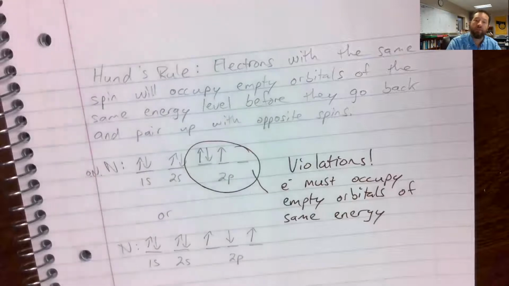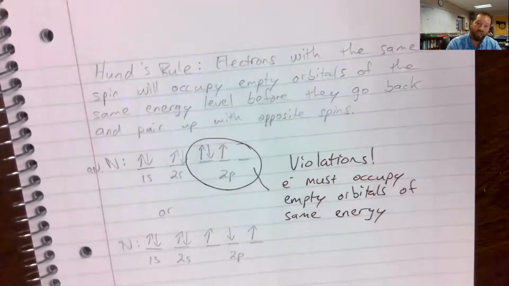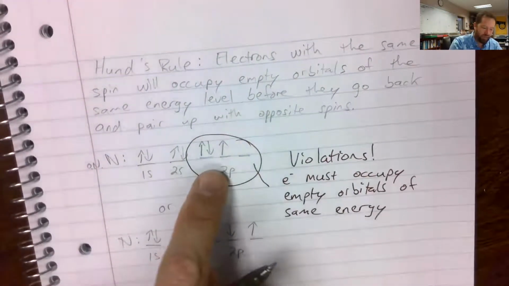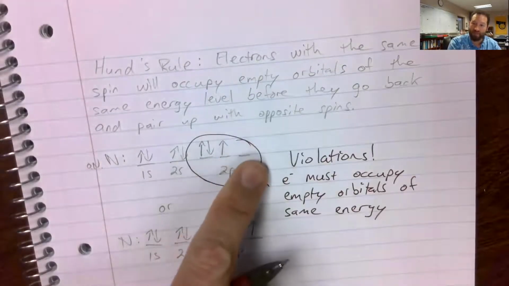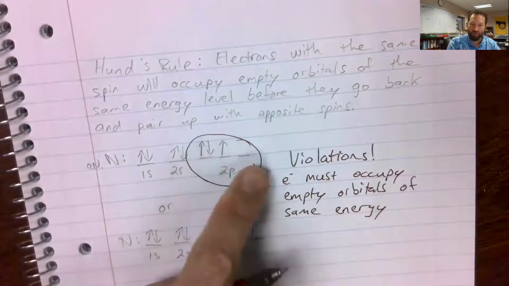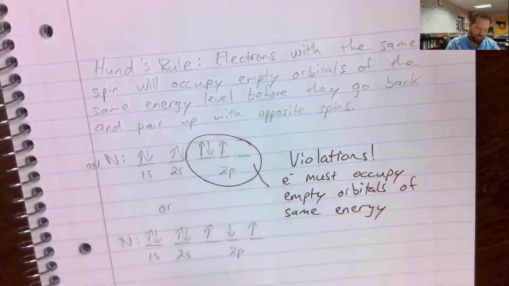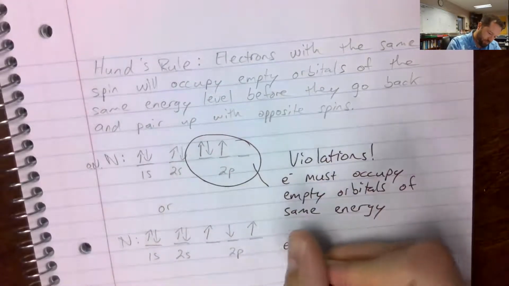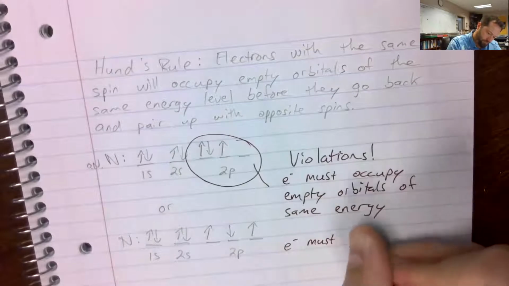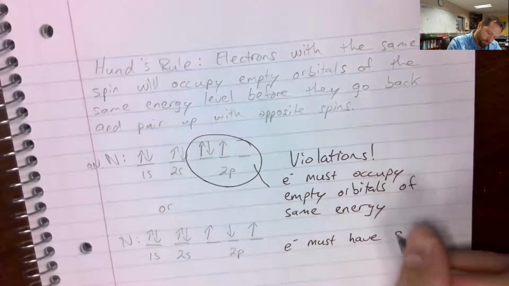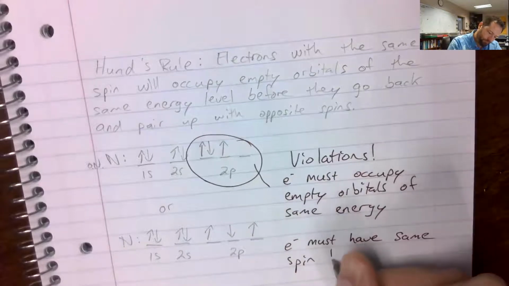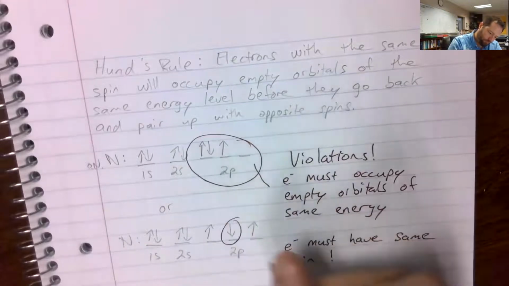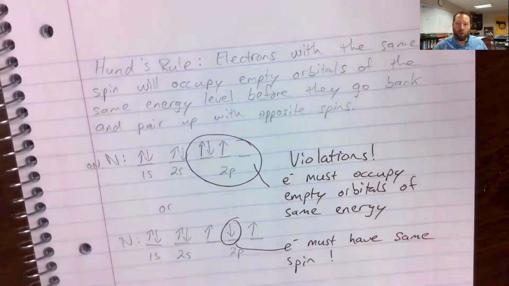Again, yesterday we called that the bus seat rule. If you're an electron and you get on the bus and there's 2 seats taken and 1 empty seat, you're going to take the empty seat before you partner up with somebody. So there's a violation. And then another violation. I usually go up arrow, up arrow, up arrow first. I'm not sure if that really matters.